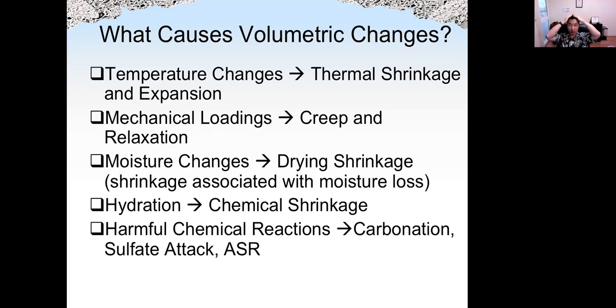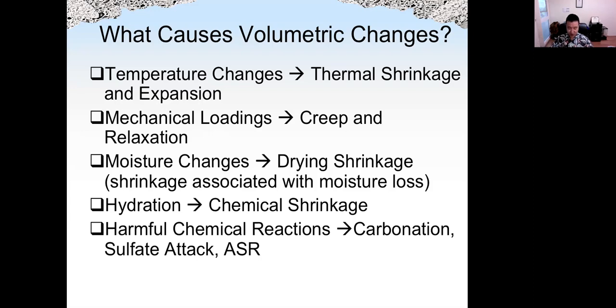Under compression, the volume dimension will become smaller. And also relaxation. If we keep the same deformation, then the internal stress will become smaller.